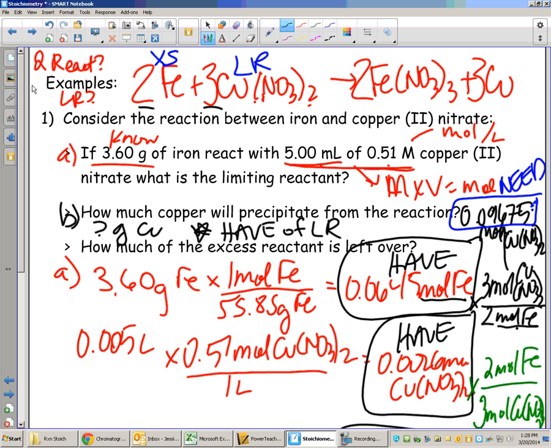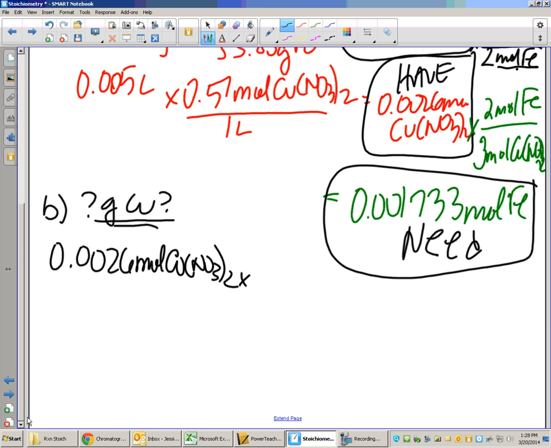So the question was how many grams of copper comes from my LR? Right, this is a 3 to 3. If you got to point at it on your paper, point at it until you can start to see it. So this is a 3 to 3 ratio. So if I'm starting with 0.026 moles of copper 2 nitrate, I need to go to just general, plain old copper. 3 moles of copper are formed on the product side for every 3 moles of copper 2 nitrate used.